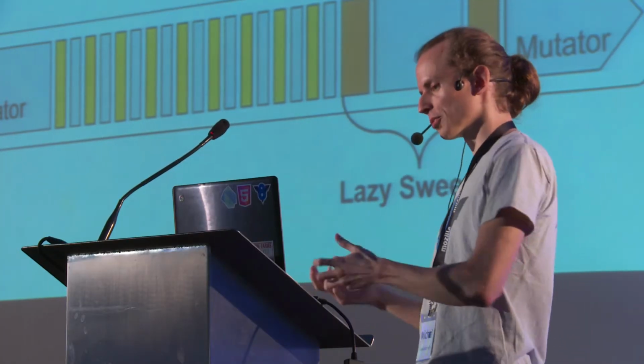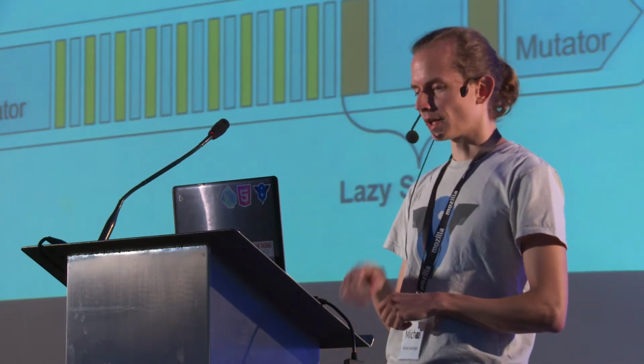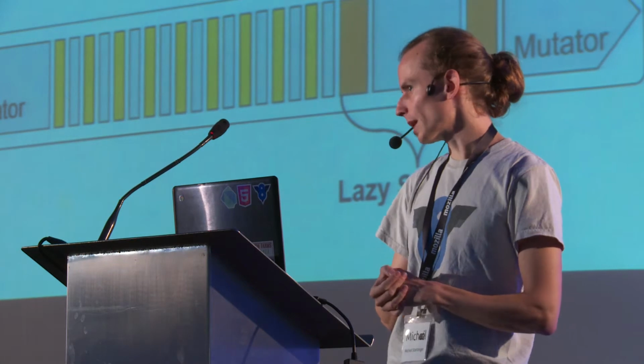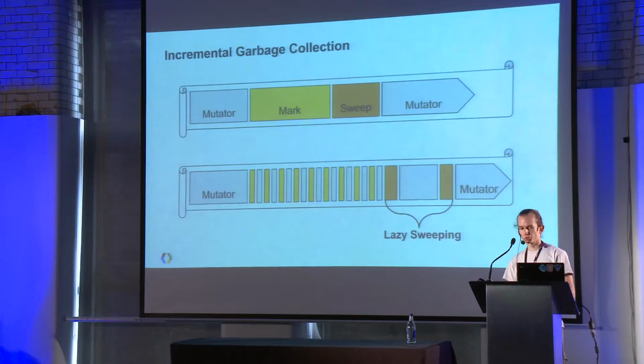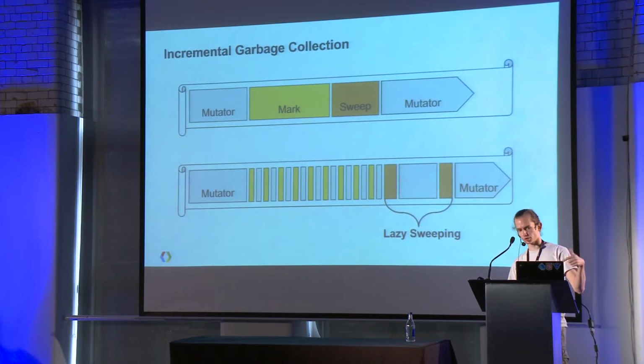Let's just say that can also be chopped up into pieces and interleaved with mutator steps. And with this design, we reduced the pauses, the maximum pause that was an atomic pause before, and made sure that we only have incremental pauses. So the observed behavior of the application is a smooth behavior.